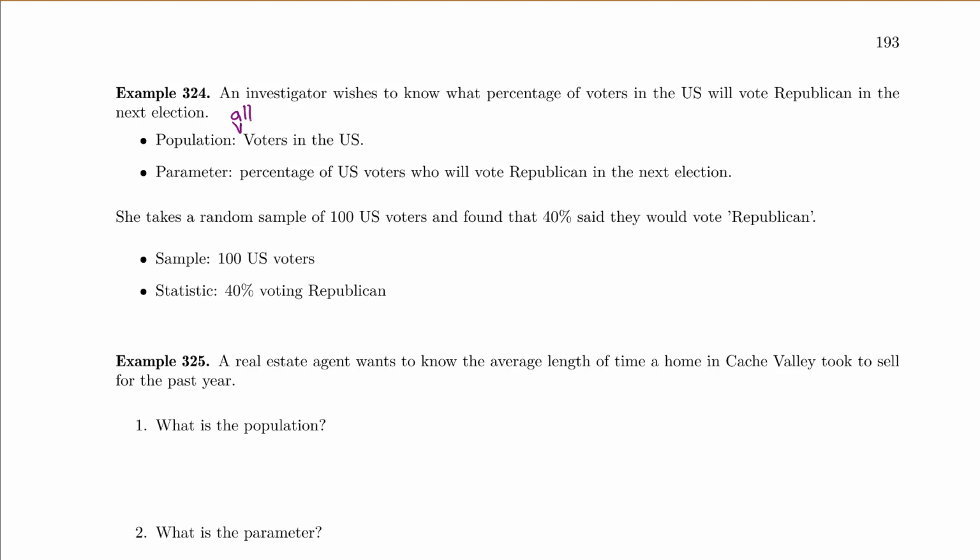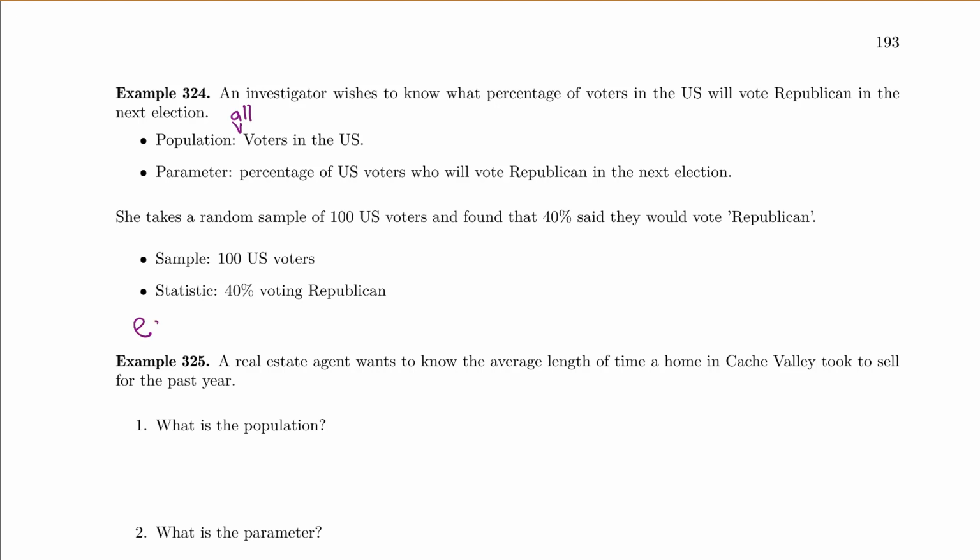So what we do is we take a sample. We can't find all the voters in the US. That would take too long and be too expensive. So she takes a random sample of 100 voters and finds that 40% said they would vote Republican. The sample is the 100 voters that were actually in the sample. The statistic is the 40% that said they would vote Republican.